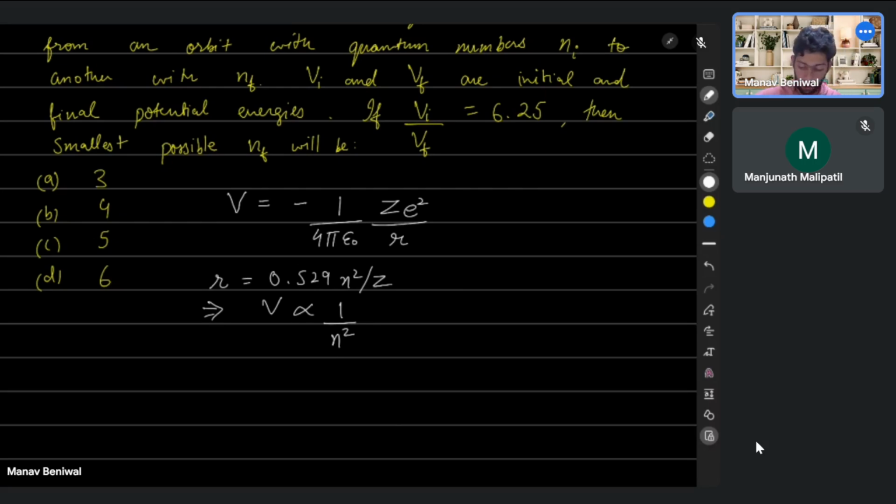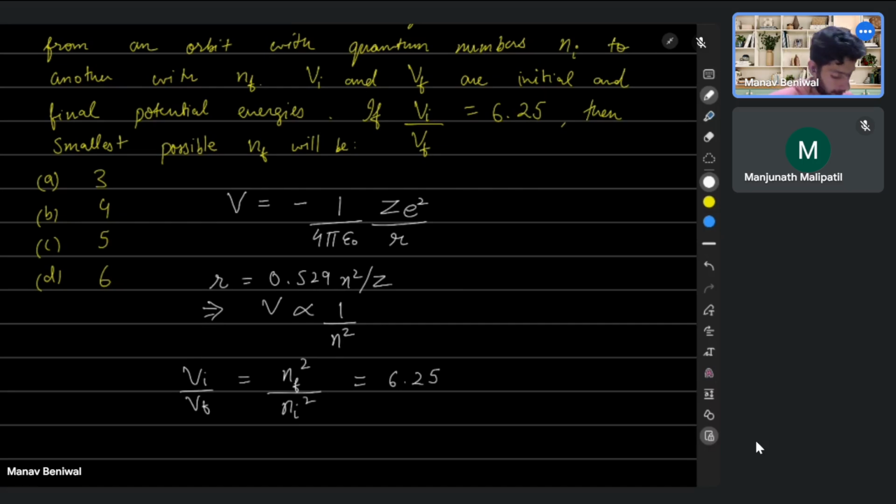Now we can write Vi over Vf as nf squared over ni squared, and this is given to be 6.25.